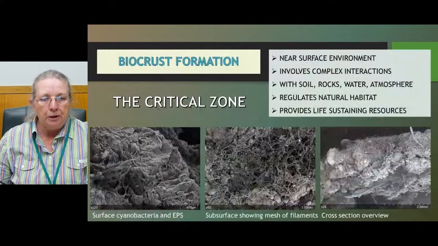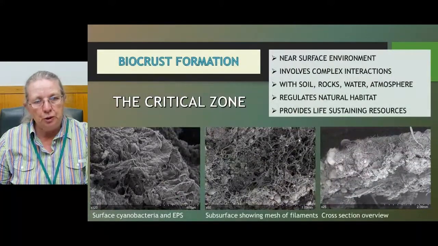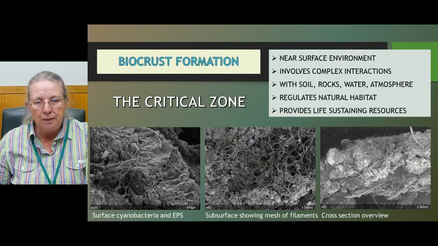To understand how they form, it's really good to look under the microscope at what these look like on the soil surface. They're in what we call the critical zone, because they're right between the atmosphere, the soil surface, and what's underneath the soil surface. In these micrographs and scanning electron microscope images, you get what they call EPS, which is sticky stuff, and I'm sure some of you know what that means in the wet season, and we'll look at that in a minute.